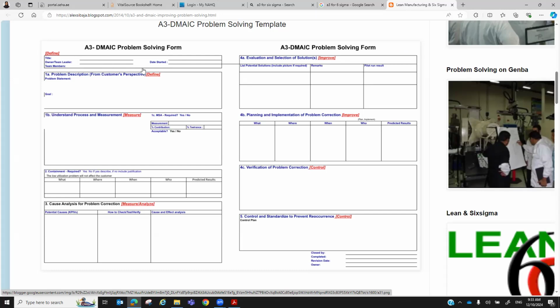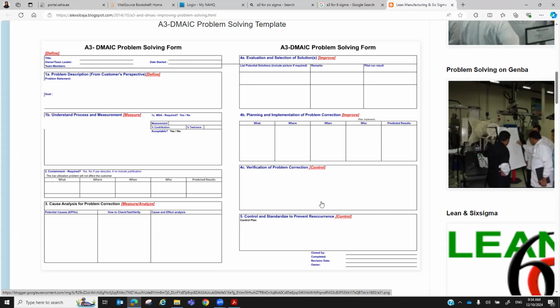So here, under define, you talk about the project title and then the problem. Under the measure, you show the statistical measurement tools here. And then the analyze, you show what's the cause analysis for your problem. And then under the improve, you try to evaluate how well you're doing with your outcomes. And then you're planning an implementation of the corrective actions.